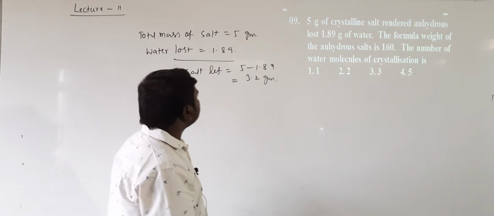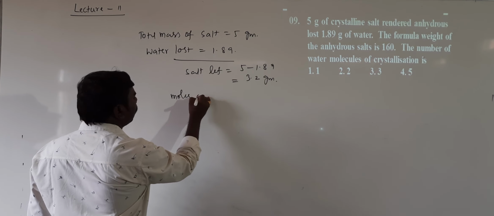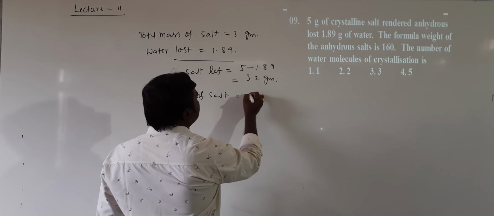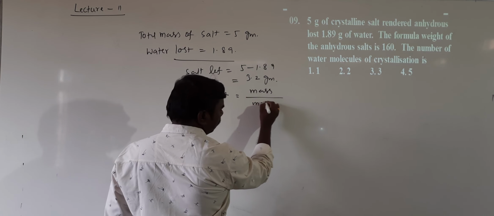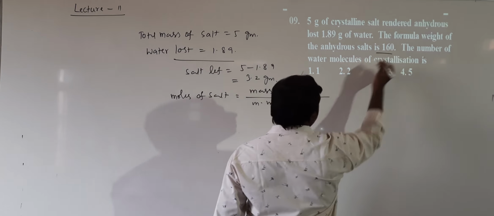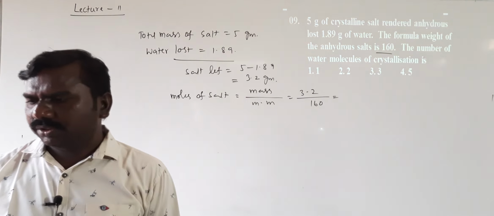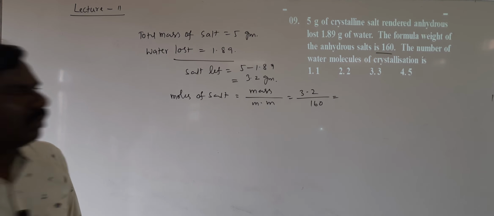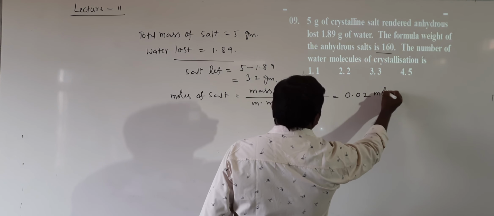Clear? Then moles of salt equal mass by molar mass. Mass 3.2 by molar mass, given as 160. On solving this you will get 0.02 moles of salt.